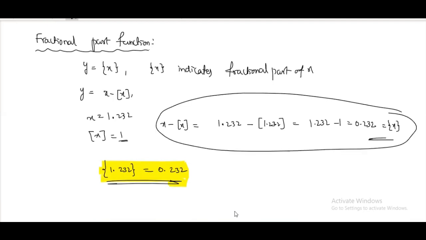Therefore, the fractional part of x can in many cases be written as x minus [x]. Here we have a few properties.